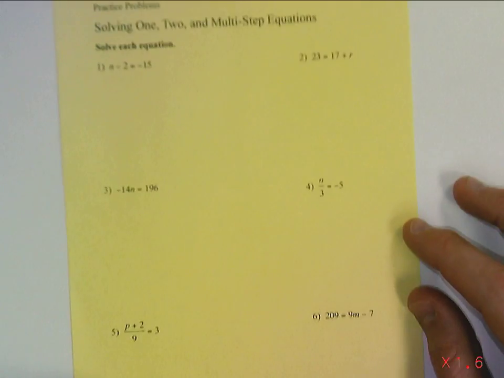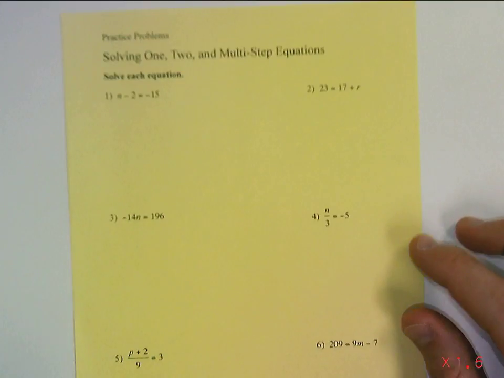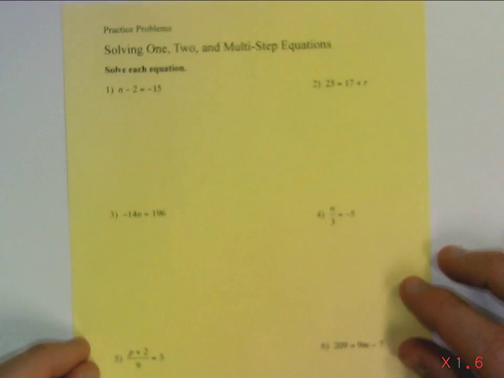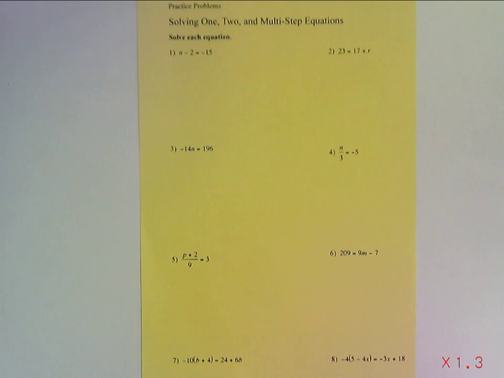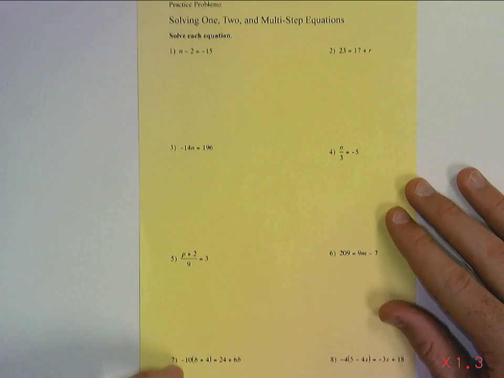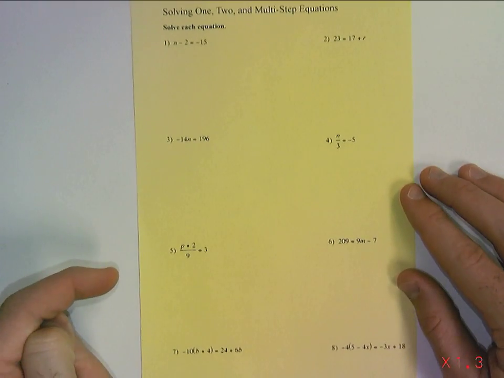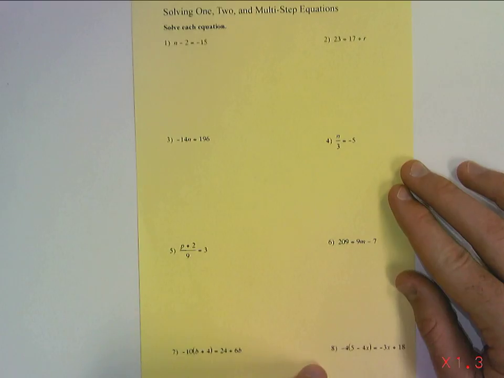So let's jump into examples then. You should have received this when you picked up your notes and everything for today's lesson. What we're going to do is work through the odd number problems together, and then before you move on to fixing your entry slip, I want you to do these even number problems.